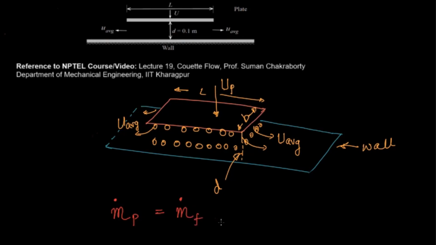Let's write F for the fluid. So m dot F represents the mass coming from this cross-section. Let's draw this cross-section something like this. Whatever fluid is coming out of this cross-section is represented by m dot F, and m dot P is for the plate, the fluid particles being pushed down because of the movement of the upper plate.